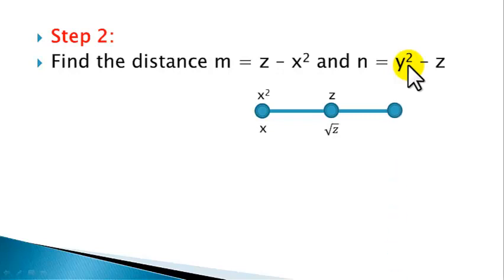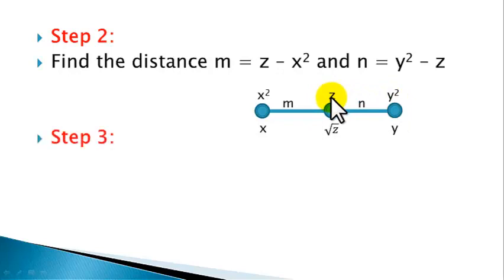Let this be the point y squared, representing the next square number greater than z, and the square root of y squared is y. Then the distance from x squared to z is m, that is z minus x squared, while this distance is n, y squared minus z.